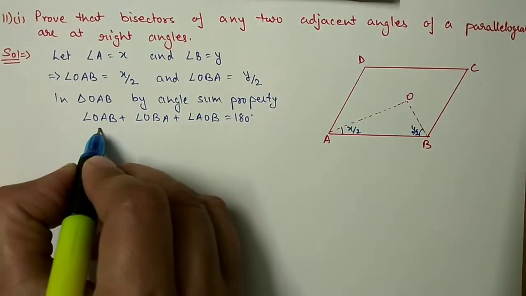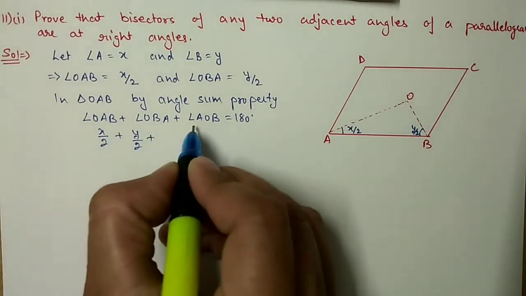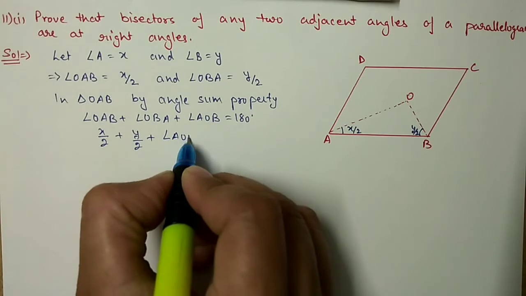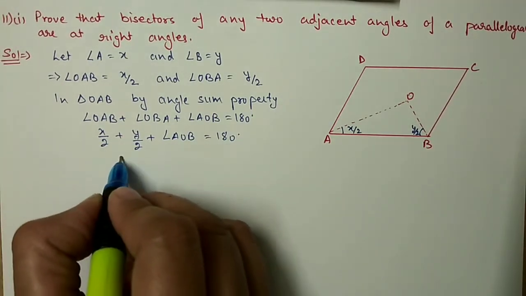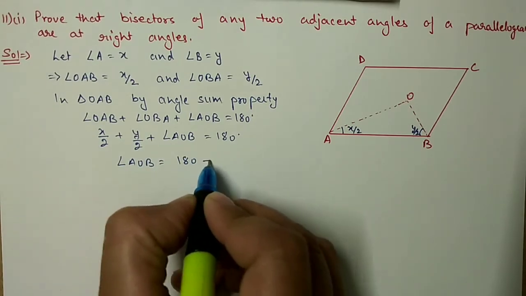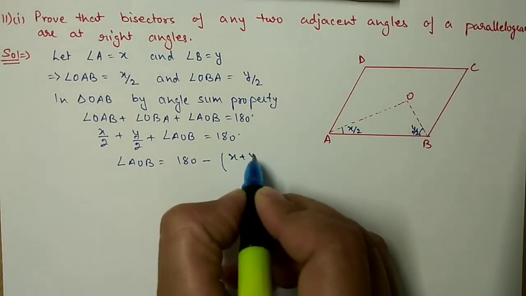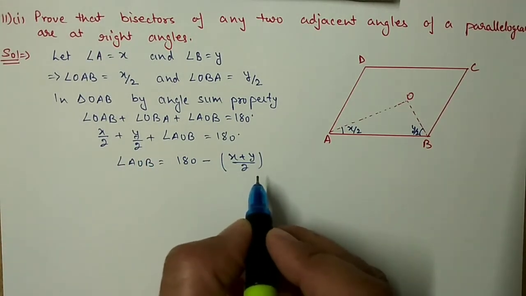This angle is x by 2 and this is y by 2, and this we have to find out. So angle AOB is equal to 180 minus (x plus y) by 2. This we can write together and we have shifted to the other side.